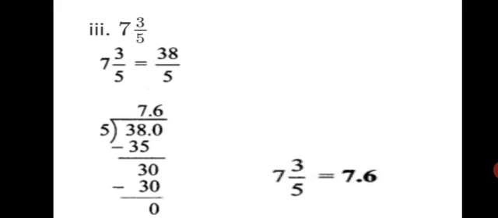Just don't forget to take the decimal point in the appropriate place. In the dividend you see the decimal point after 38. So as soon as you work out the division of 38, take a decimal point in the quotient before you start the further division, where you take a 0 next to the dividend after the decimal point. Okay, so it's very simple. With practice you will find it very easy and interesting too.